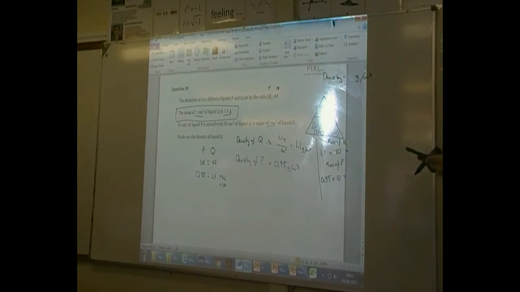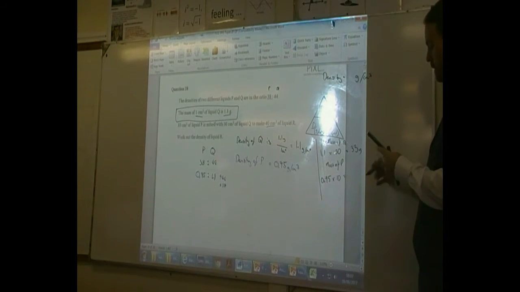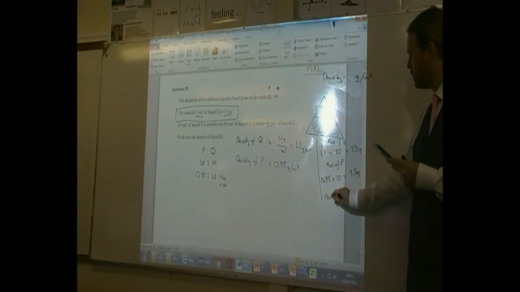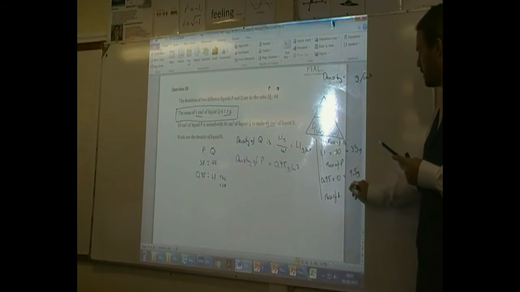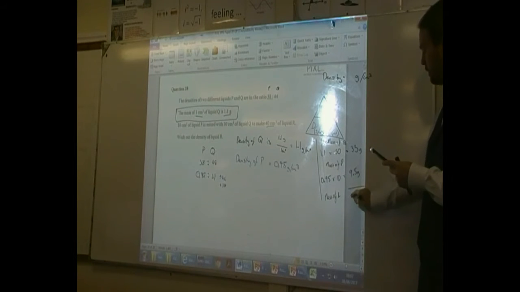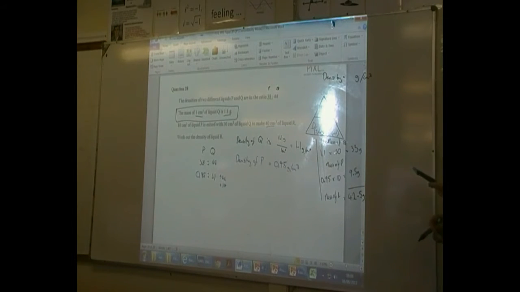So again, I can use my calculator, or I'm pretty sure I could work it out without. So 1.1 times by 30 gives us 33 grams. And then 0.95 times by 10 is 9.5 grams. Okay? And so the mass of R is going to be the total of those two. So 33 plus 9.5, which is 42.5 grams. Nearly there.